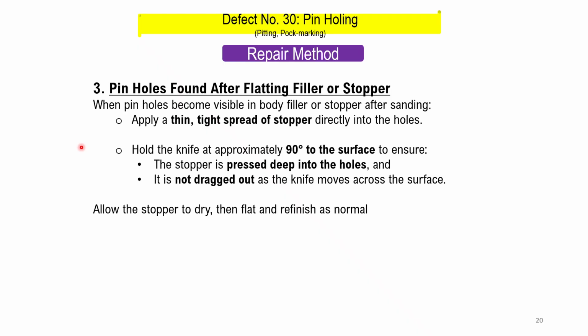Hold the knife at approximately 90 degrees to the surface to ensure the stopper is pressed deeply into the holes and is not dragged out as the knife moves across the surface. Allow the stopper to dry, then flat and refinish as normal.